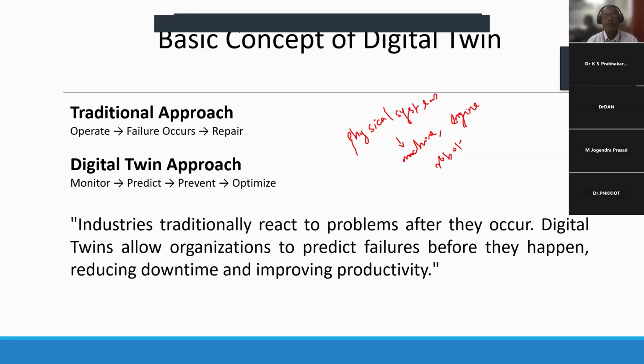In that, we have to attach sensors to collect real-time operation data. For example, if there is some kind of CNC machine, we need to understand the real-time operation data.